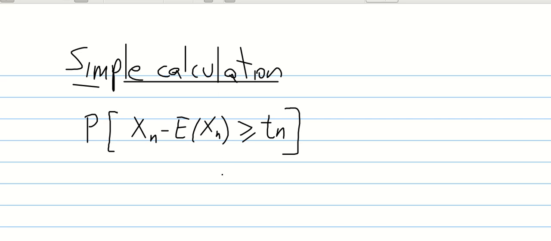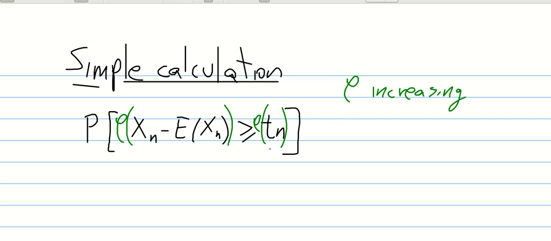But the trick is that as soon as we apply any increasing function phi on the left and on the right, we don't change this event as soon as phi is increasing. So what we can do actually is to choose several phi's and see what we get.